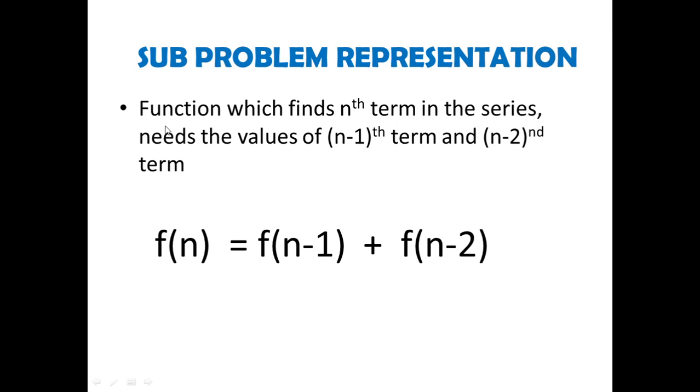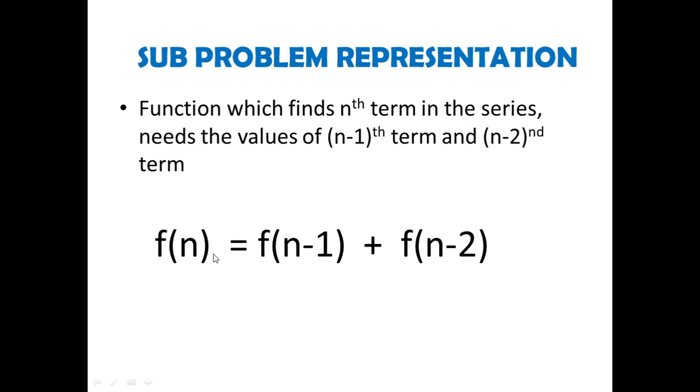So if we are writing a function which finds the nth term, then we need the n-1th term and the n-2nd term. So to find n, the function will be using n-1 and n-2 as arguments. So this is the subproblem.